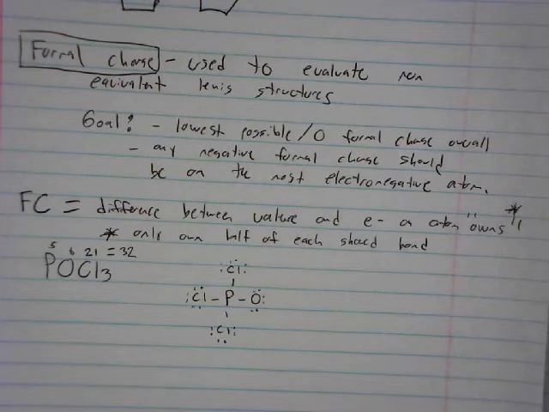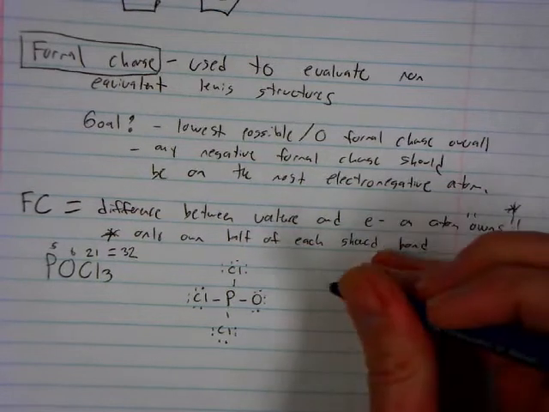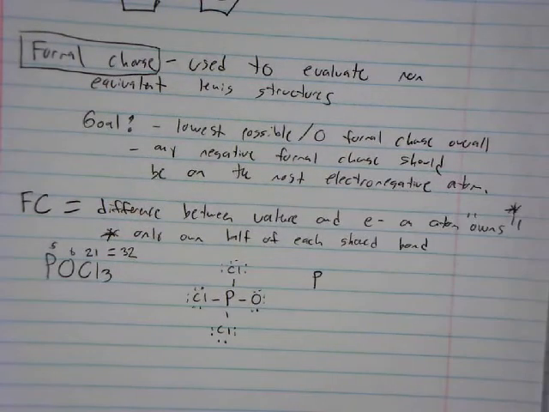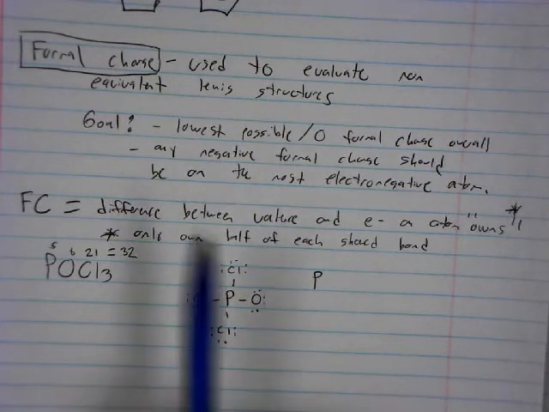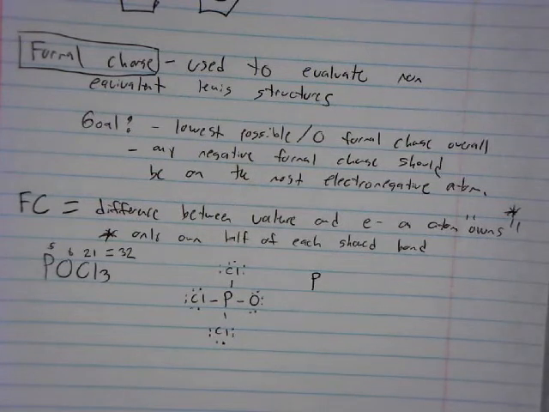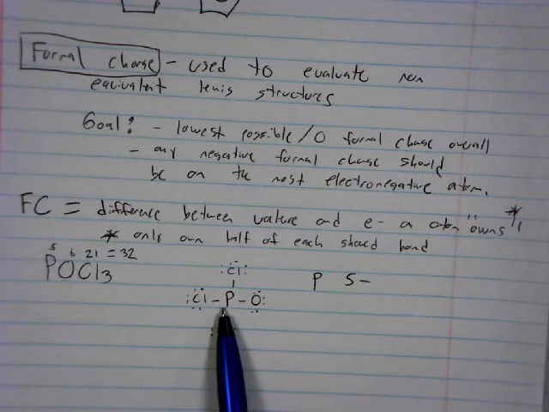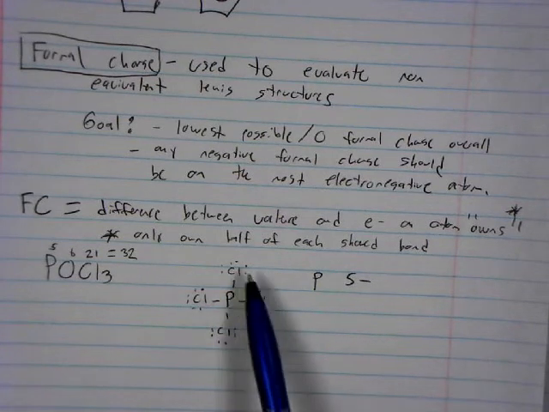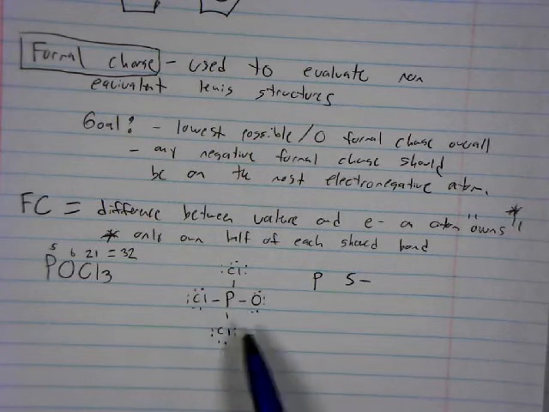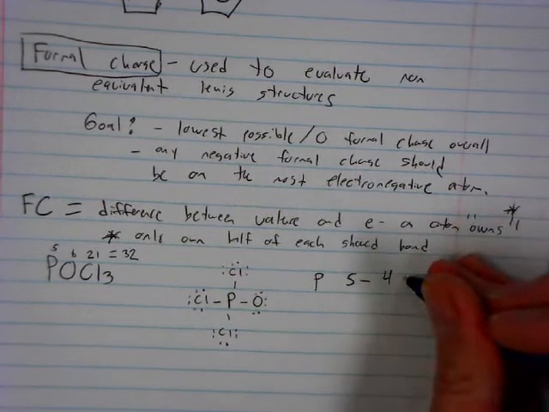So we're now going to calculate the formal charge of each individual atom. I want to figure out the formal charge for phosphorus. It is the difference between valence electrons and owned electrons. How many valence electrons does phosphorus have on the periodic table? 5. And how many electrons does phosphorus own in this molecule? 4, because it only owns half of each one of those bonds, right?